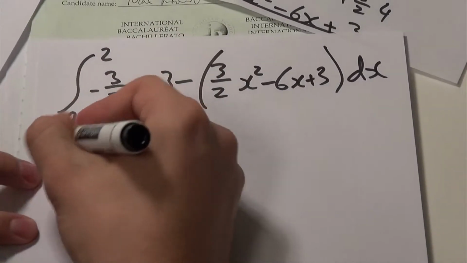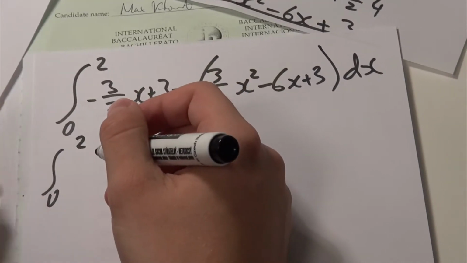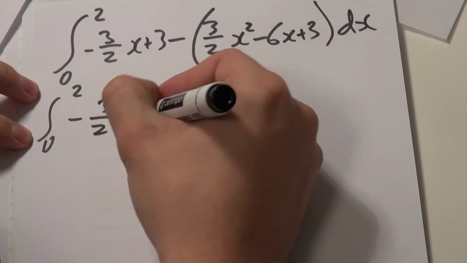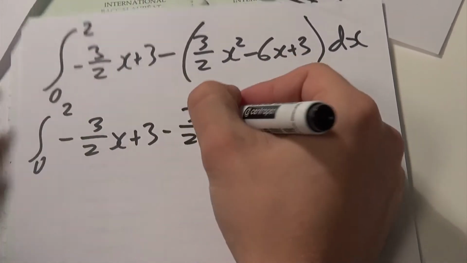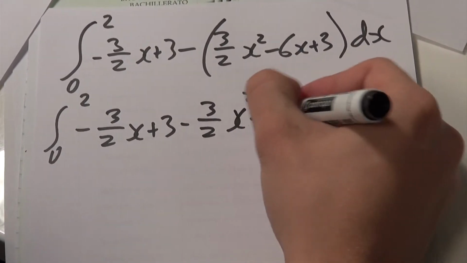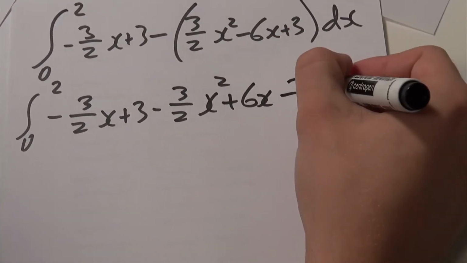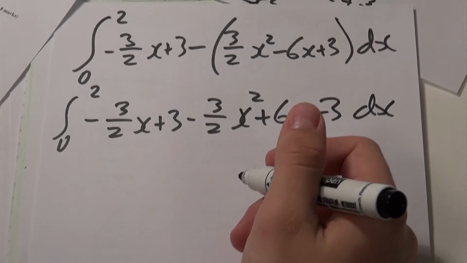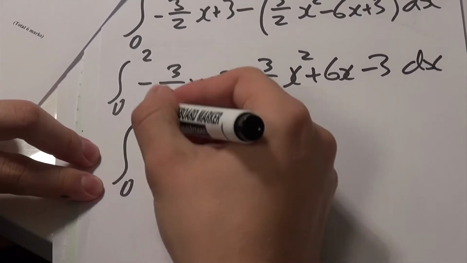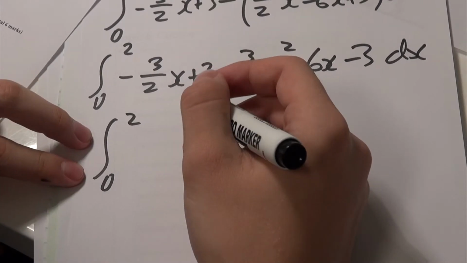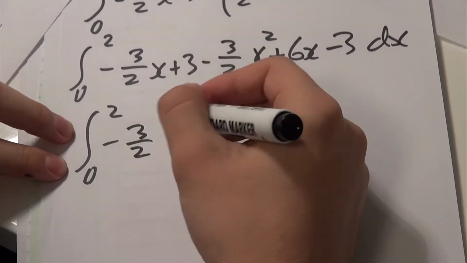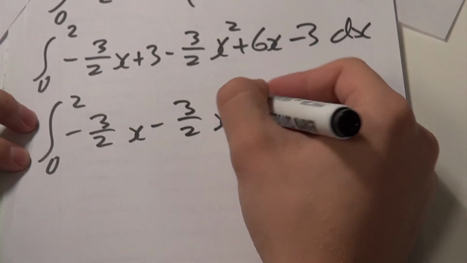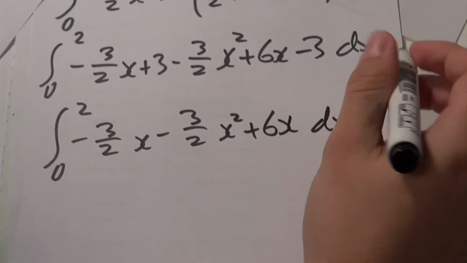So this is the same as 0 to 2 of minus 3/2 x plus 3 minus 3/2 x squared plus 6x minus 3 dx. Now, to further simplify this, this is the same as the integral from 0 to 2 of minus 3/2 x minus 3/2 x squared plus 6x dx.